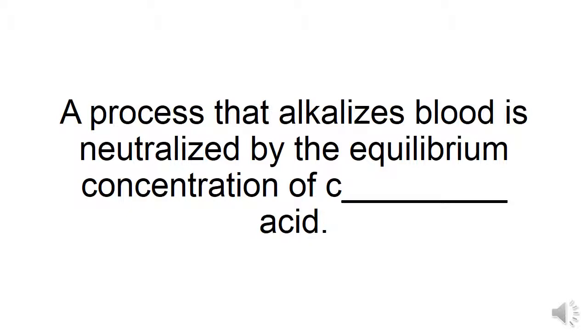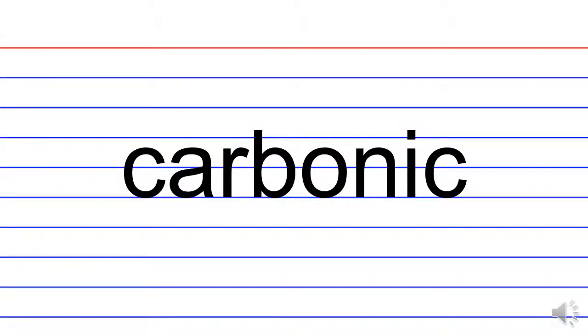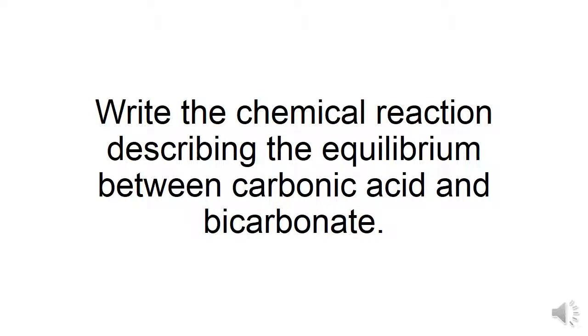A process that alkalizes blood, and when I say alkalizes, I mean raises the pH, is neutralized by the equilibrium concentration of C blank acid. So what acid goes in the blank? That would be carbonic acid.